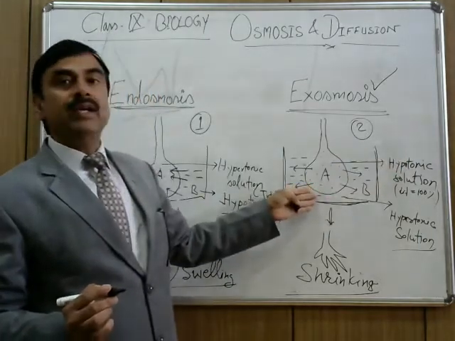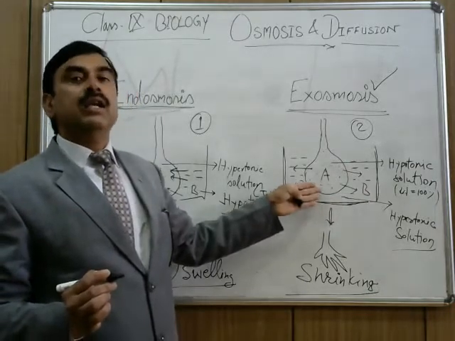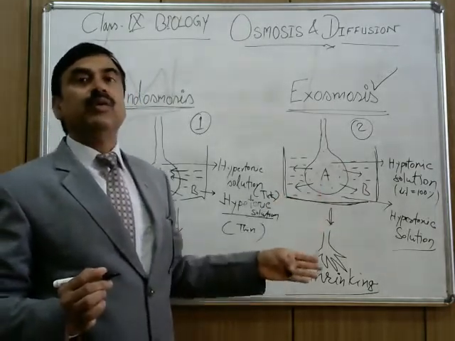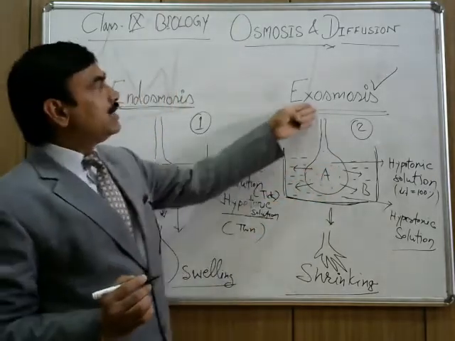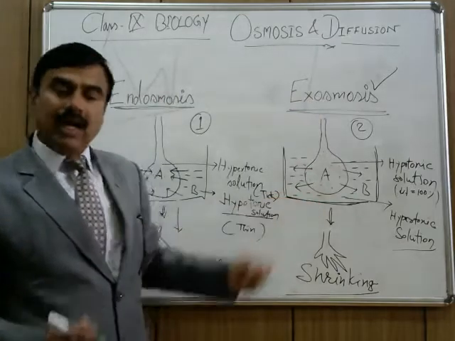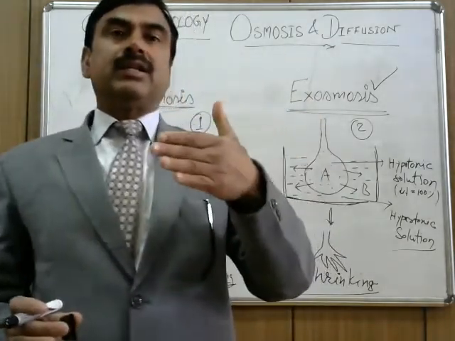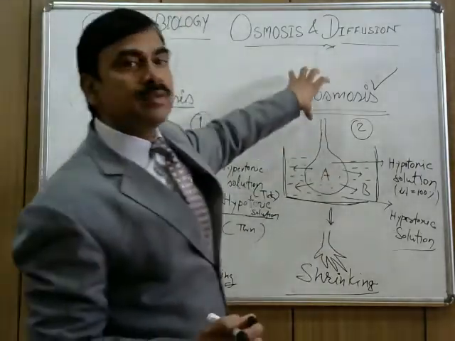Here in the B, in the beaker, the percentage of water is less. That is why water will move from inside to outside, and it is going to prove exosmosis, shrinking takes place. Now, in this lecture, you got the differences between endosmosis and exosmosis.